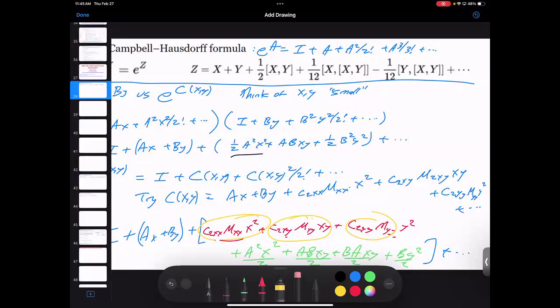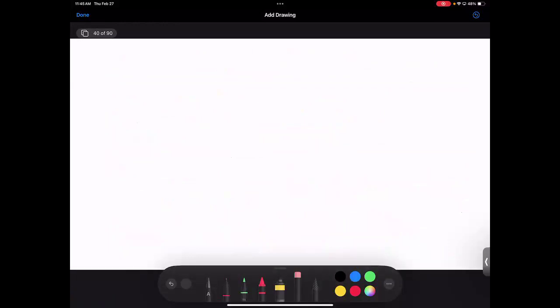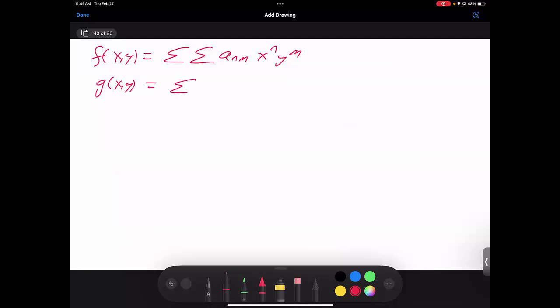And so, the hope is, let's say I give you f of x, y equals, it's going to have to be like a double sum, a n m x to the n, y to the m. And I'll give you g of x, y is the sum of b n m x to the n, y to the m.